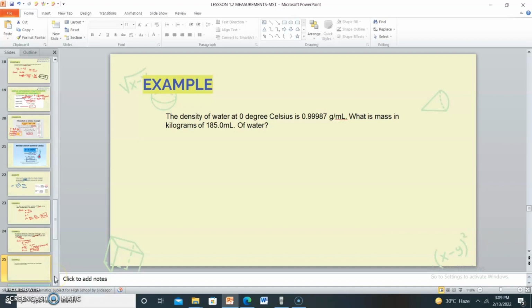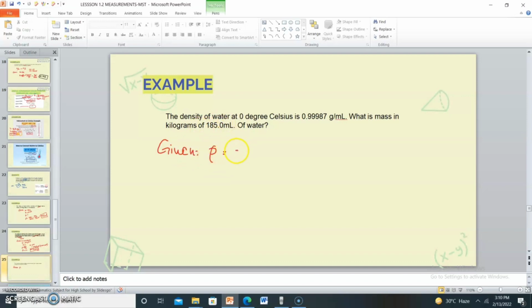In your book, page 10, sample problem 1: the density of water at 0 degrees Celsius is 0.99987 grams per milliliter. What is the mass in kilograms of 185 milliliter of water? First, always state the given.